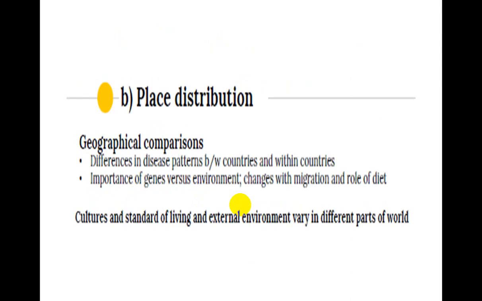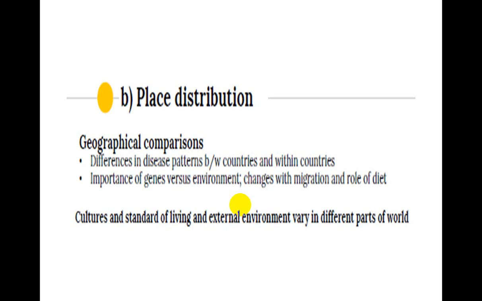So we have place distribution, or geographical comparison. The study of the geography of disease, or geographic pathology, is one of the important dimensions of descriptive epidemiology. By studying the distributions of disease in different populations, we gain perspective of the fascinating differences or variations in disease patterns, not only between countries but also within countries.